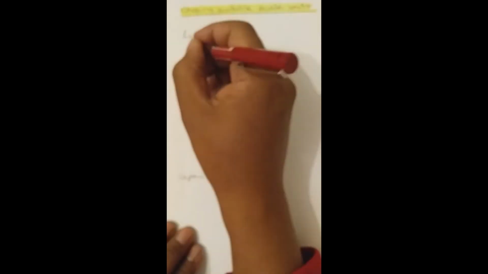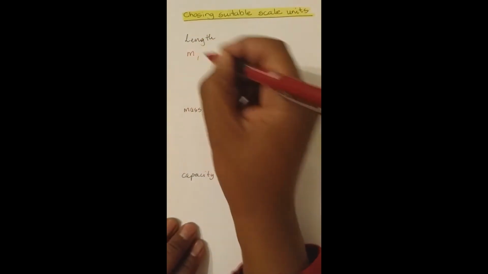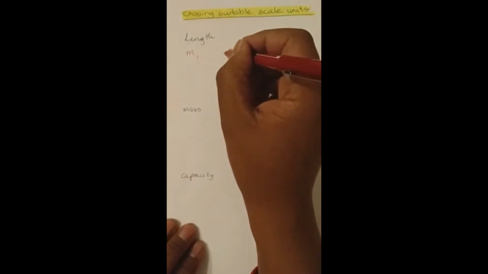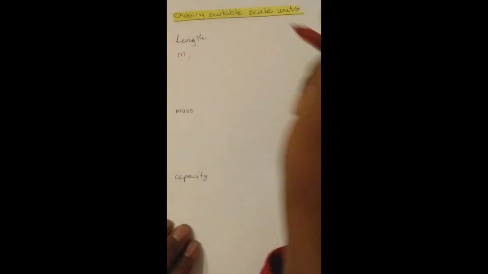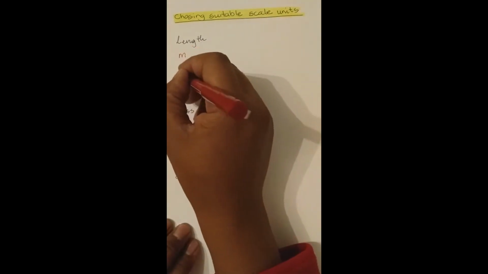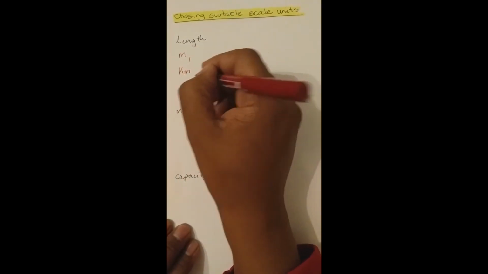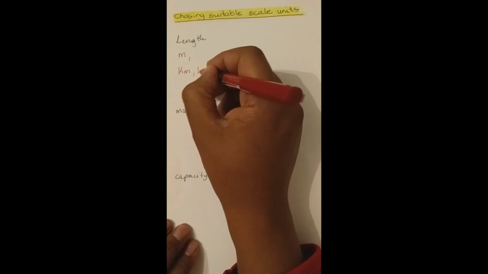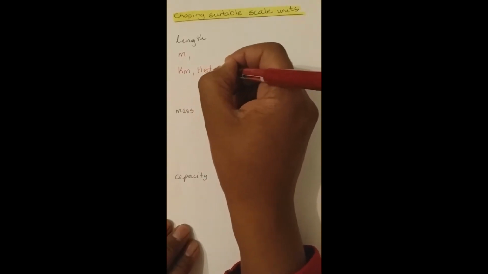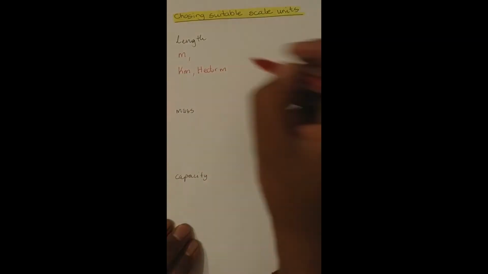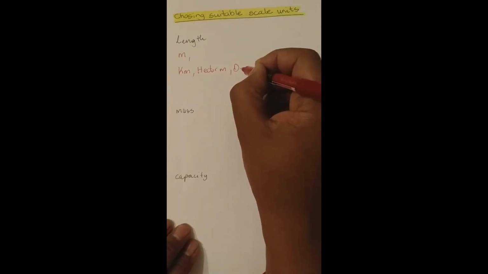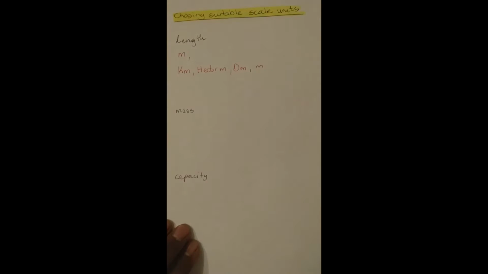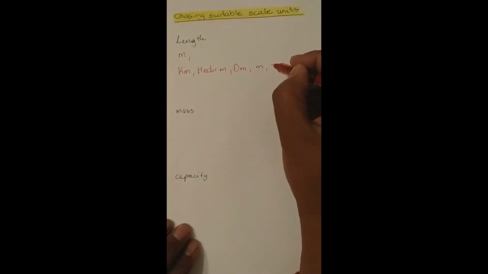The basic unit for length is meters, but according to our mnemonic rhyme, we can have kilometers, hectometers, and decameters, and then we've got our meters.